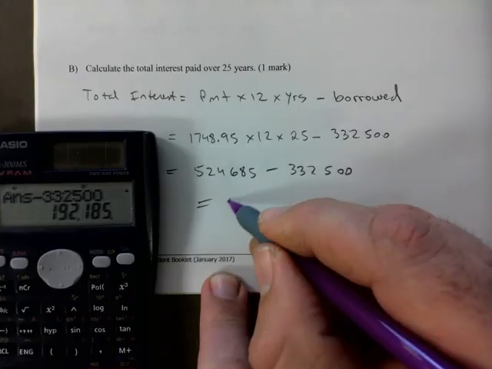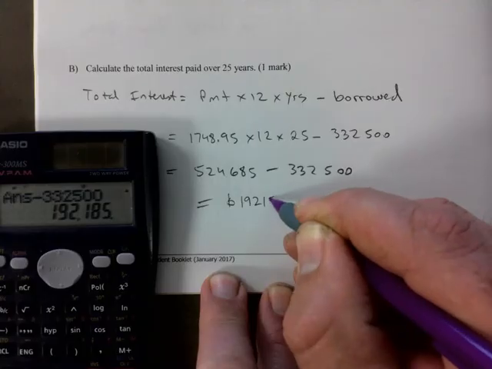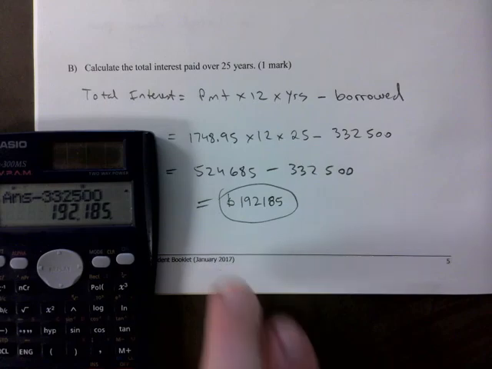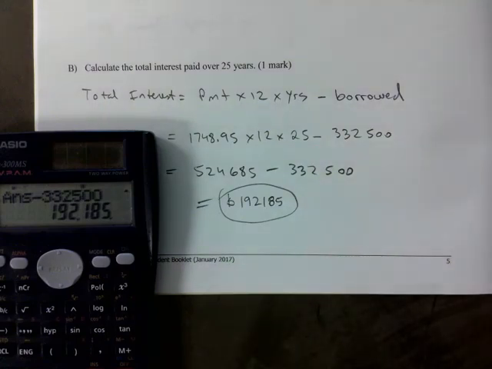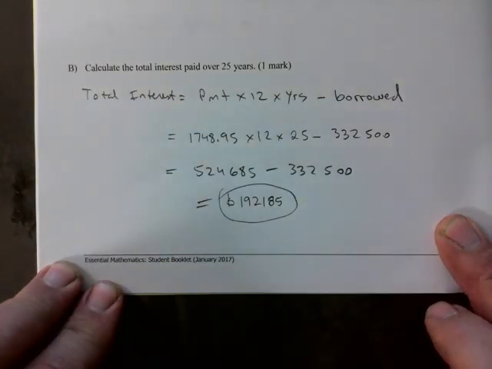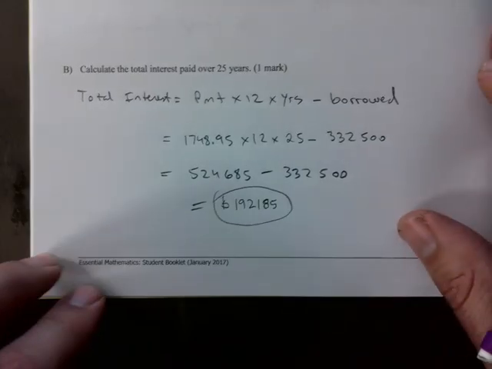So that is what they charged you on top of what they borrowed you. Okay. That's the finance charge, total interest, their profit, your loss. There you have it. Okay. All right, keep going.